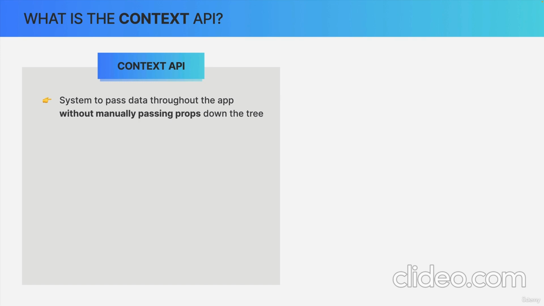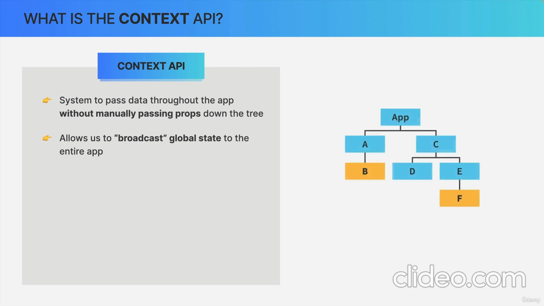It essentially allows us to broadcast global state, so state that should be available to all the child components of a certain context. Now, in order to learn about the different parts of this system, let's bring back the component tree from the previous slide. So the first part of the context API is the provider, which is a special React component that gives all child components access to a so-called value.